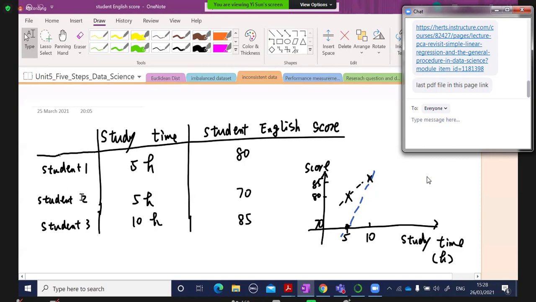Students 1 and 2 both spent 5 hours studying. However, their scores are different. One is 80, one is 70. These two rows are called inconsistent data points, because they have the same independent variables but different dependent variables.